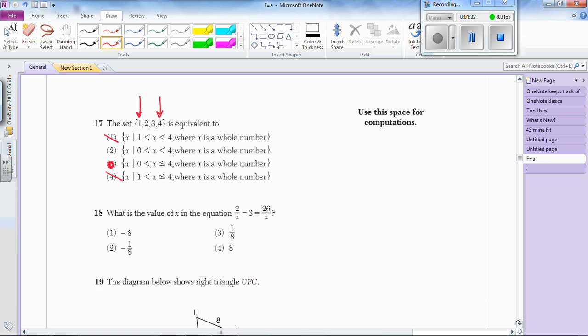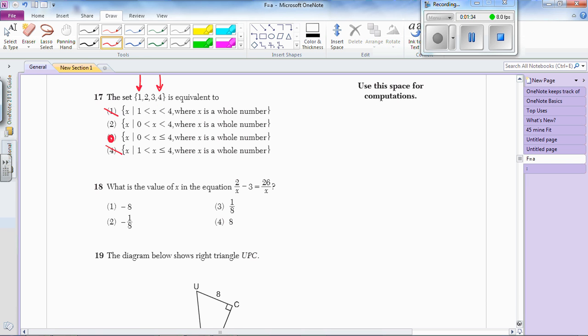Ooh, wow. Okay, tricky question. Not really. Again, if I wanted to, I can do negative 8 store to x, type in the left side, type in the right side, and see if I got it right. If that didn't work, then I would try with negative 1/8, positive 1/8, regular 8, whatever. But the real math way to do this is to multiply through by the common denominator, which is just x. If I do that, these x's cancel.